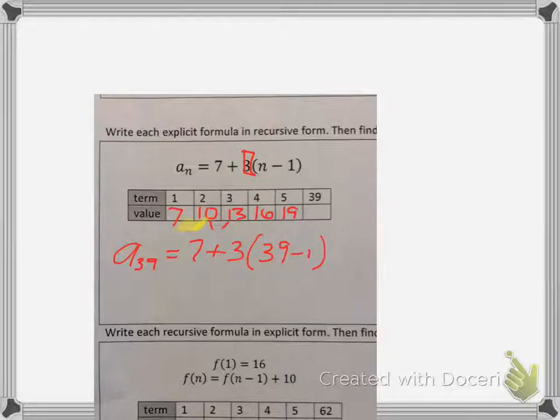I'm just going to plug that into the formula, put it in exactly the way it appears with the parentheses and everything, and punch it in. When I did that I got 121 for my answer. So it was really nice here that we could just plug into that formula and get the solution out.